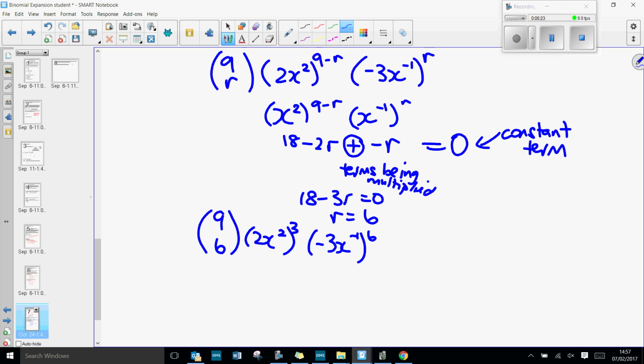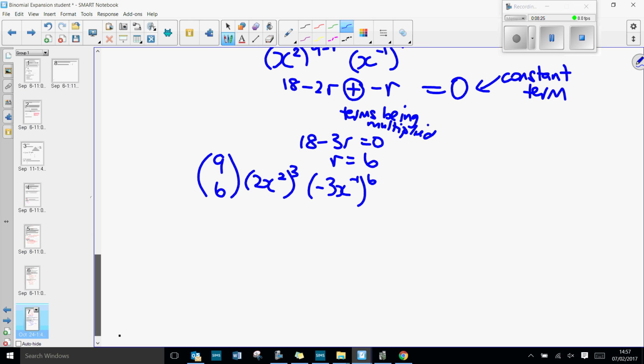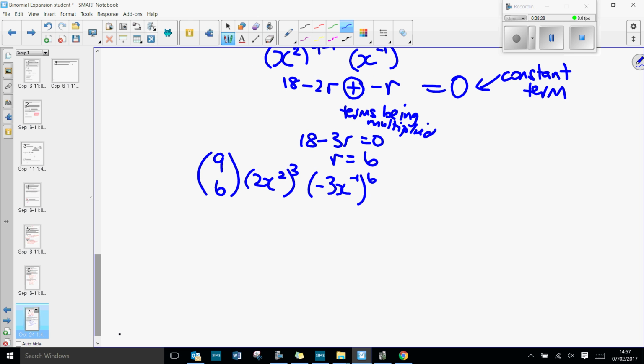So this time we're finding 9 C 6. I did the 9 minus 6 in my head. Why is that 3, plus and then circle? Because I was showing you that we're adding our powers because the terms were being multiplied. Again, we only need the big numbers because we're going to end up with our x's disappearing.